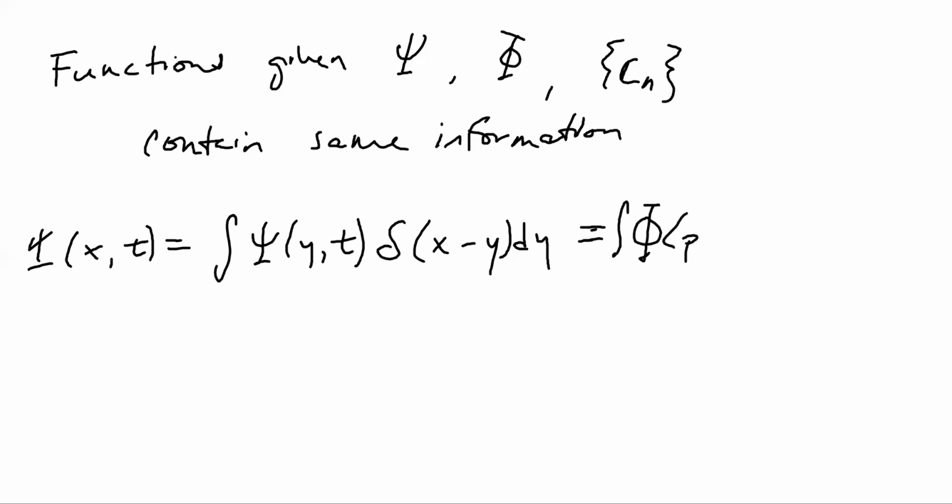So phi in our momentum space has a square root of 2 pi h bar on the bottom, and then e to the i px over h bar, and this is over our momentum possibilities.